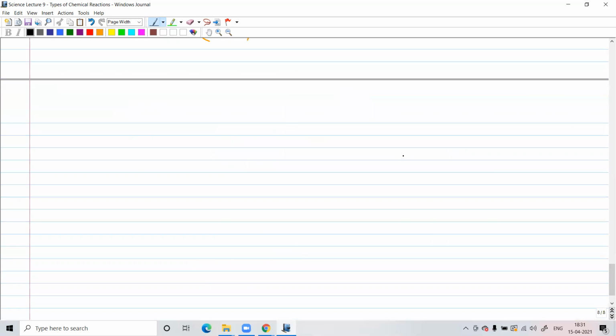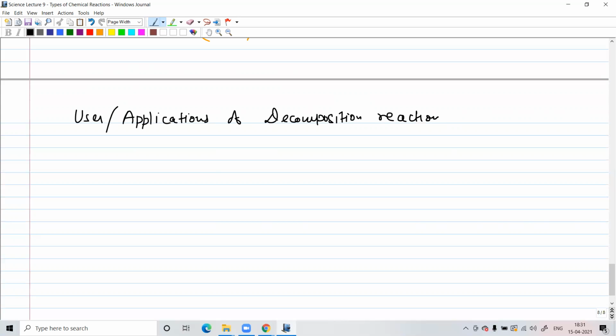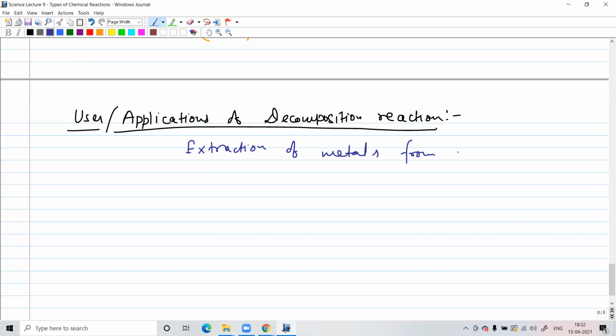Decomposition reactions. So the most important use of this decomposition reaction will be extraction of metals from chloride, bromide, or oxides of metals.